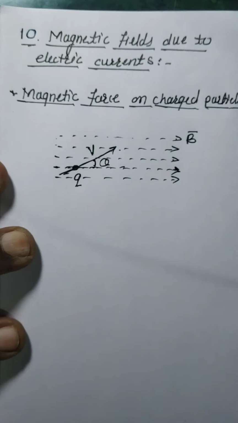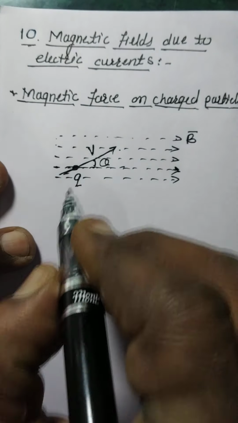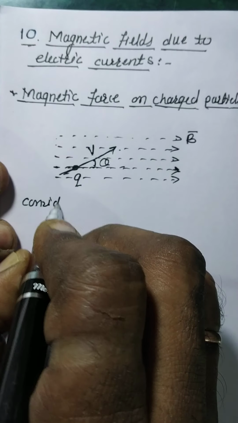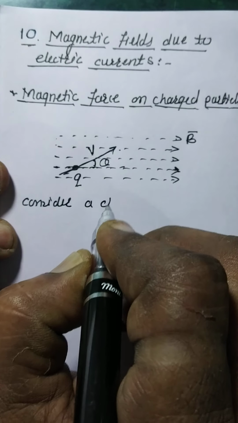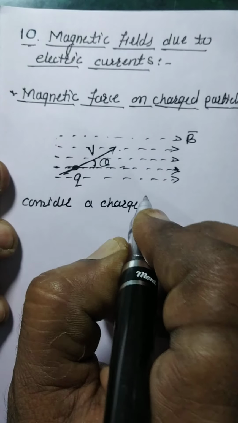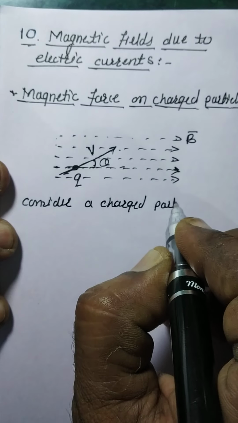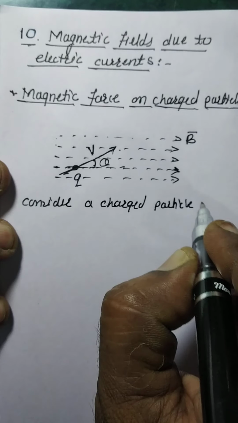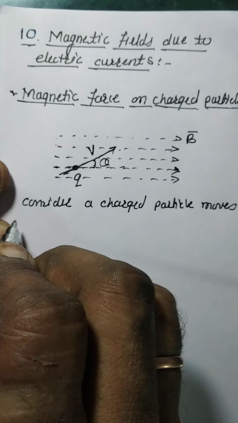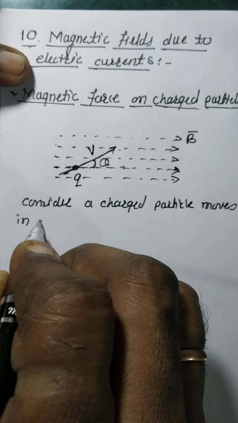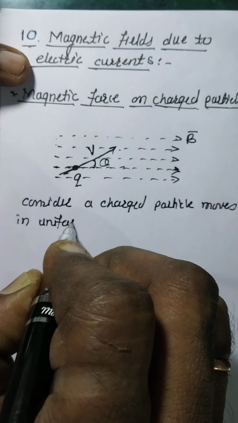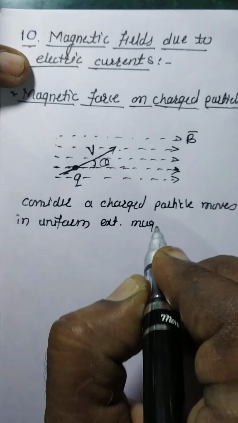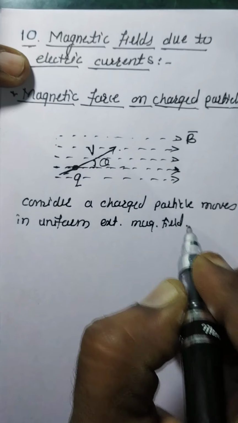See, consider a charged particle moves in a uniform external magnetic field.